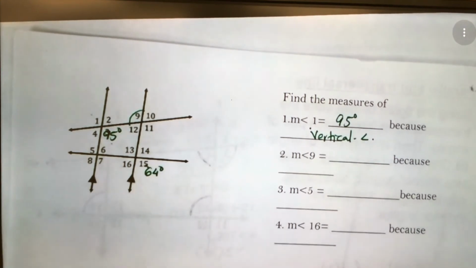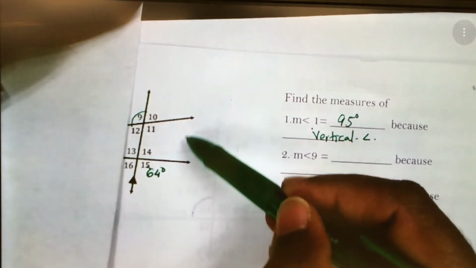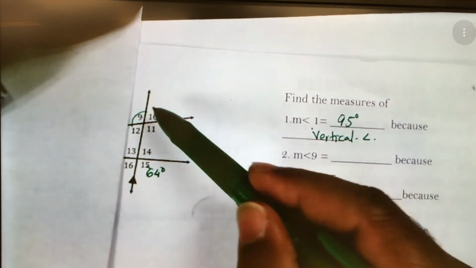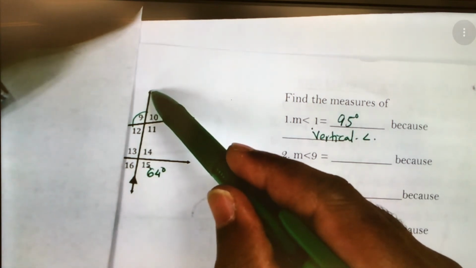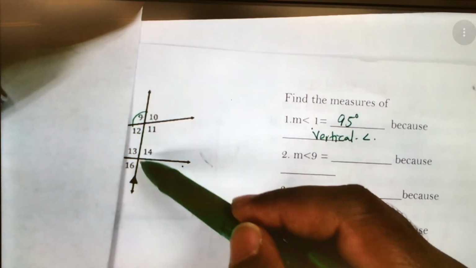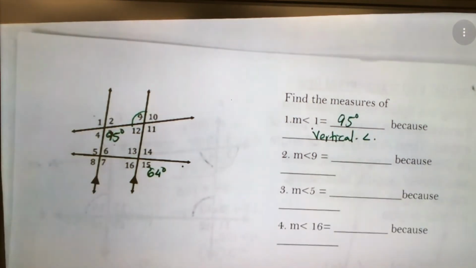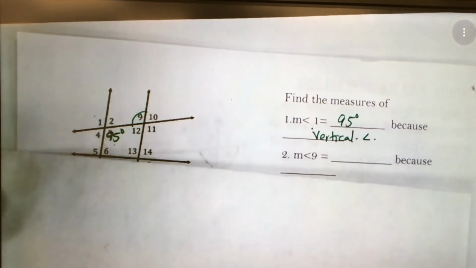If I take it this way, these two lines are not parallel, so I cannot take this as a transversal. These two alternate exterior angles won't be congruent. So we need to take the pair of angles like this.